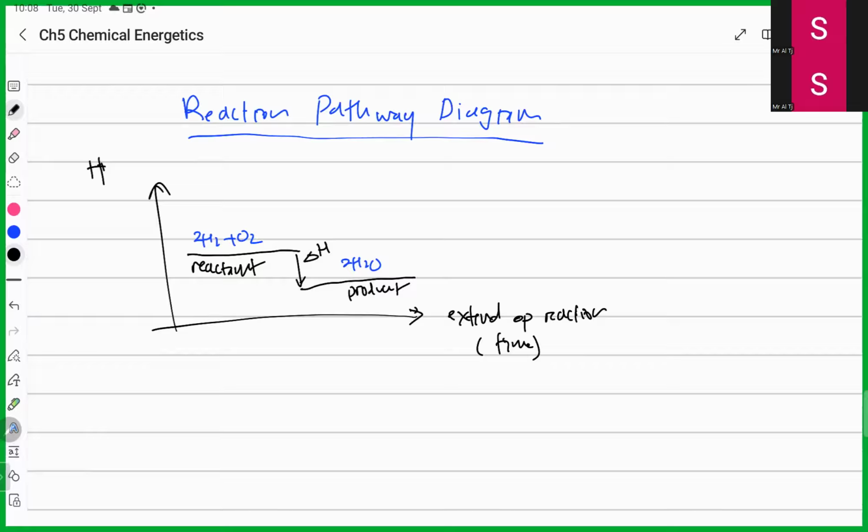In this case, this is negative because they are going down, hence it is exothermic. In an exothermic reaction, the product level is lower than the reactant level. The enthalpy change represents the reaction.